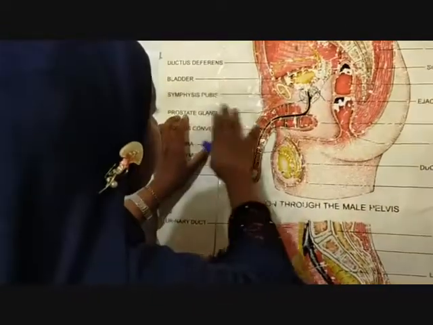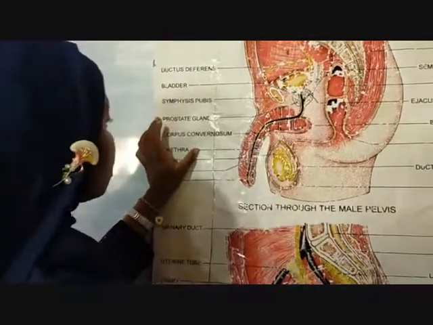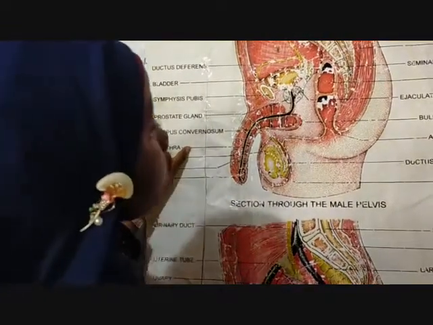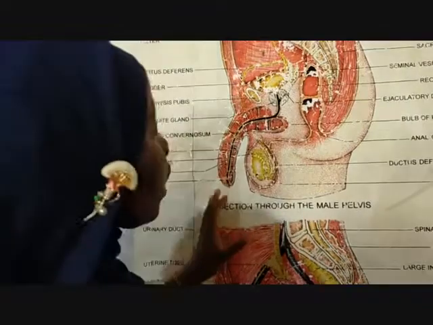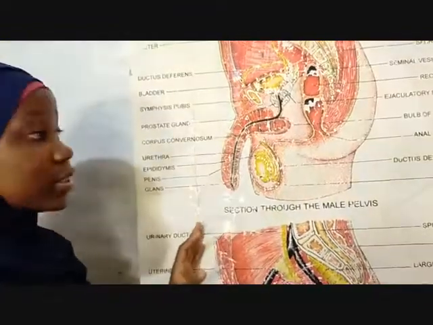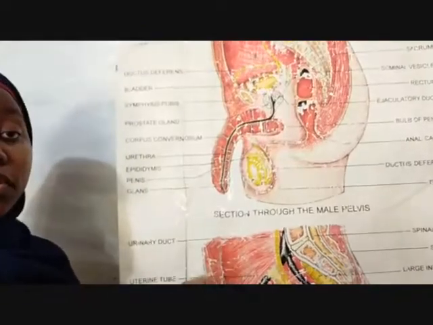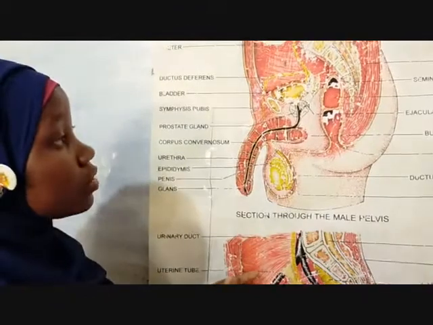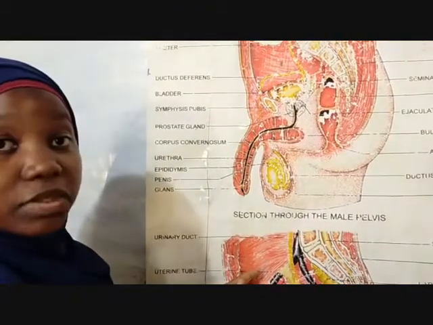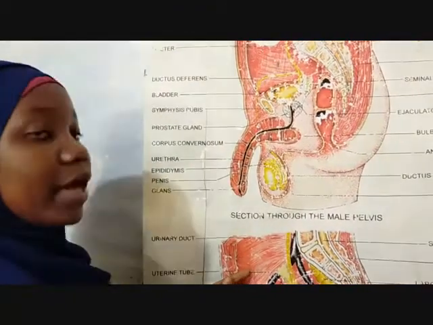You have the prostate gland that contributes to the seminal fluid. We also have the Cowper's gland, and so on and so forth.